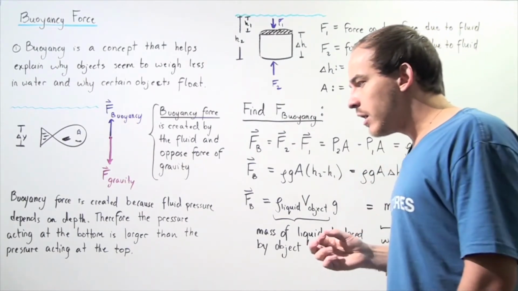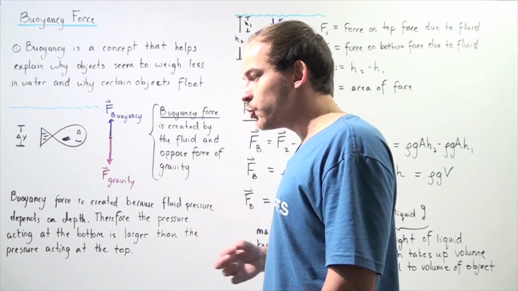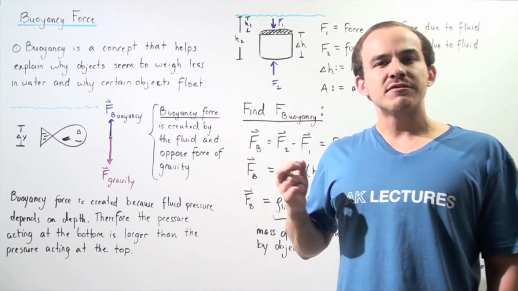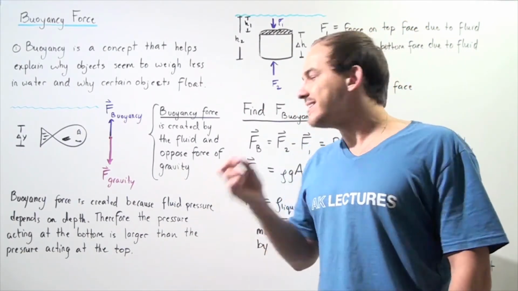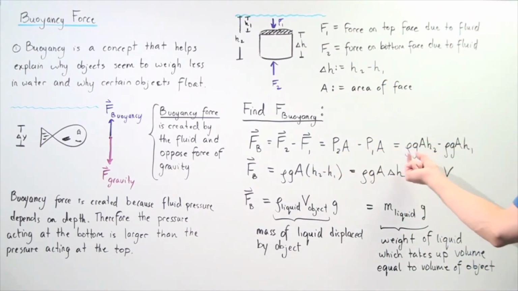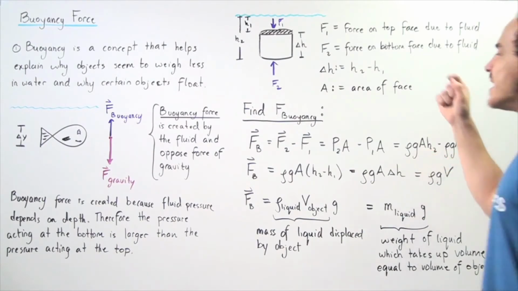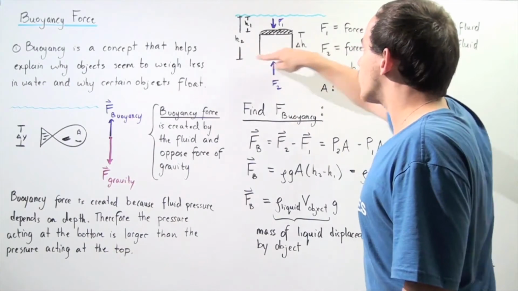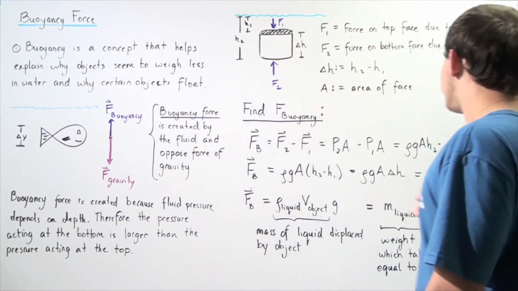Now, recall that pressure is equal to the density of the fluid, which is assumed to be constant, times the gravitational constant g, times the height. So P2 times A is replaced with the density times g times A times the height h2, where h2 is simply the height from the surface to the bottom of our cylinder where the force is acting.